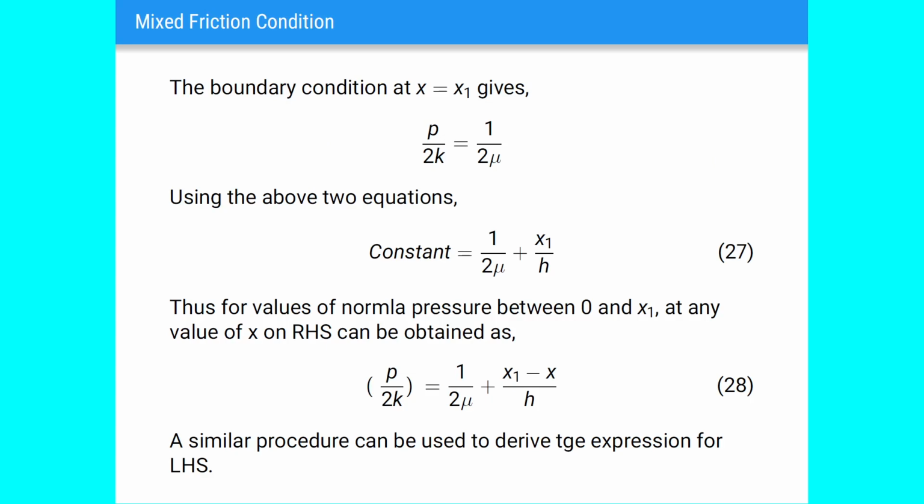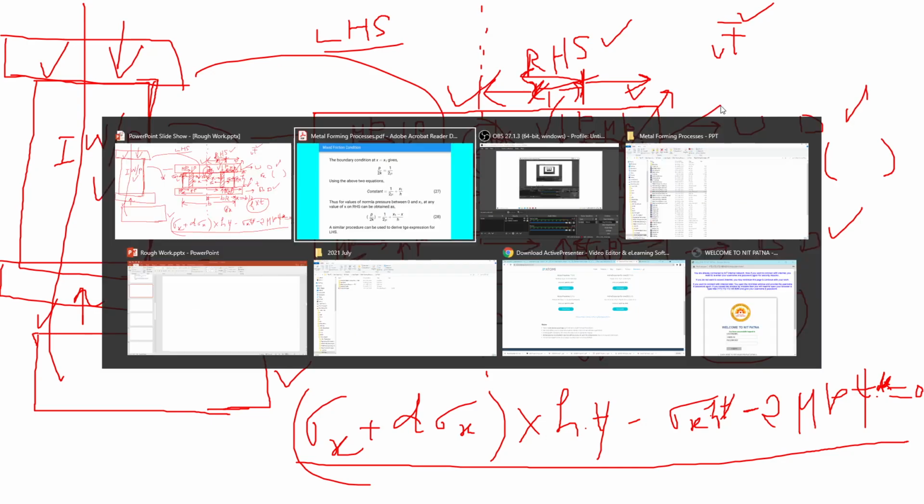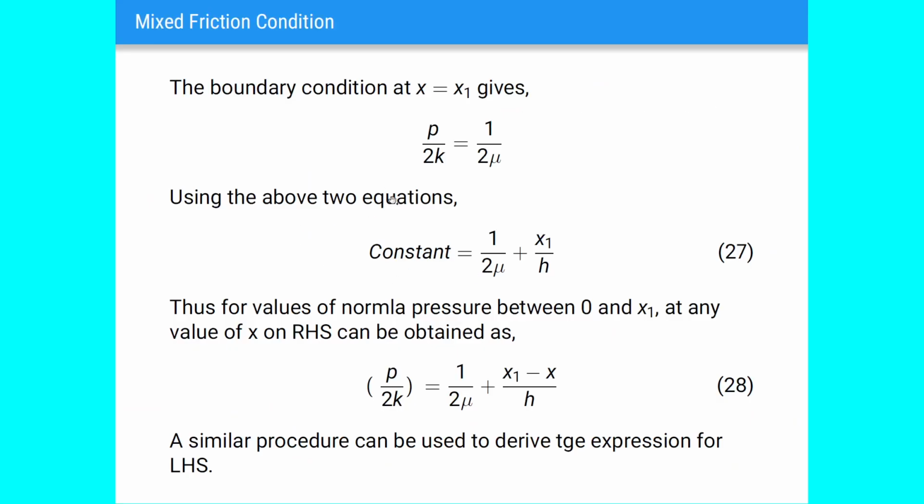So this is how we can calculate the pressure distribution in low friction conditions, high friction conditions, and mixed friction conditions, when we are having very high friction at the center and very low friction at the outer periphery. So this is how we evaluate the pressure distribution in the case of your open die forging process.